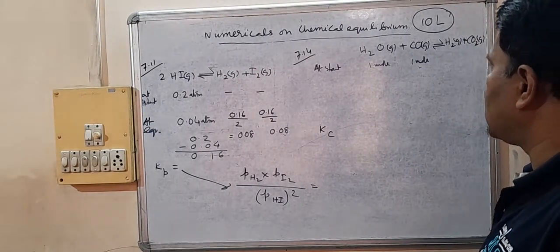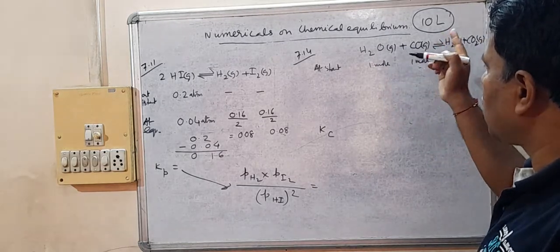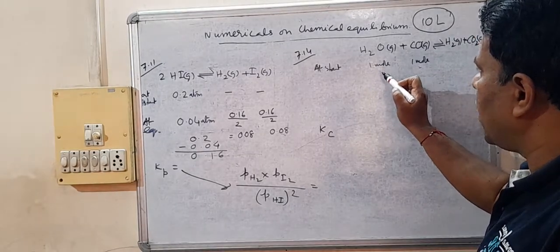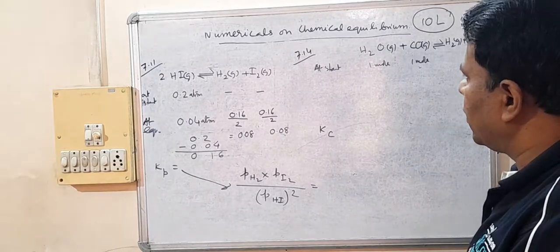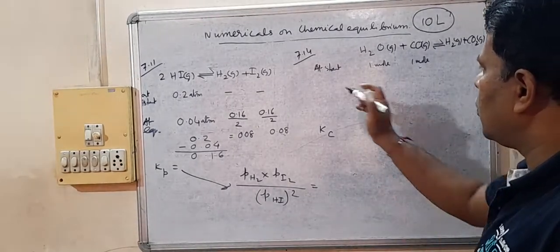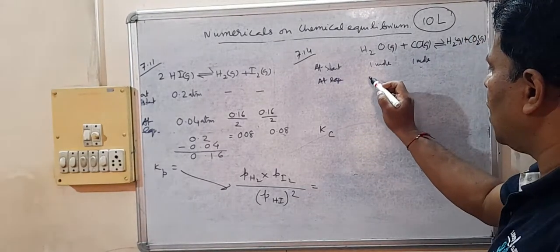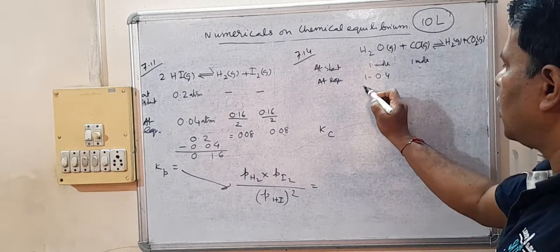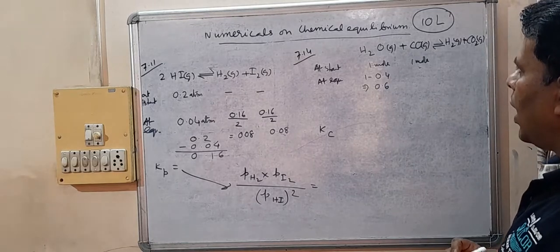Straight away we can say if starting water is 1 mole, if 40% has reacted, that means 40 by 100, which is 0.4, has reacted. So at equilibrium, moles of water left will be 1 minus 0.4, that is 0.6 moles.